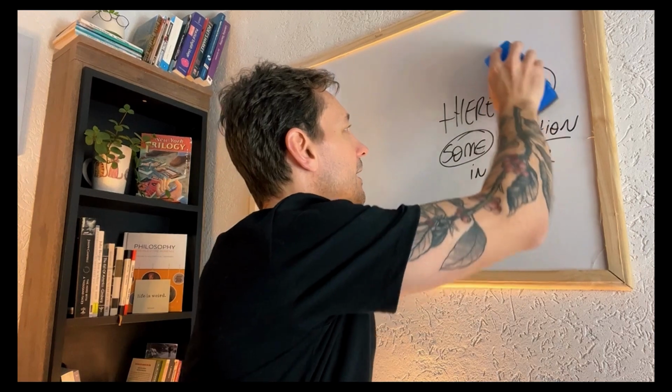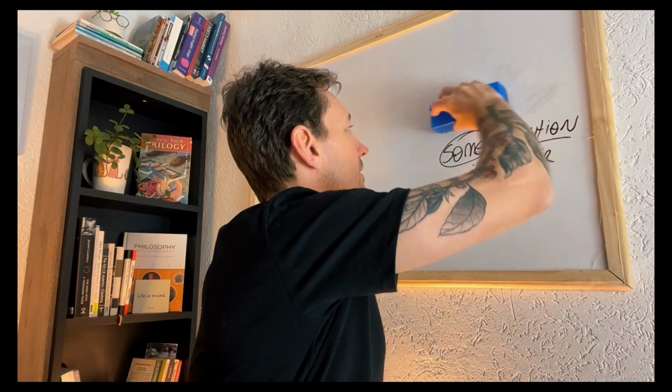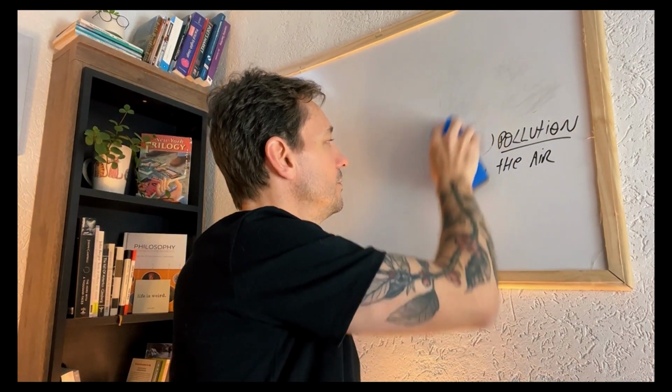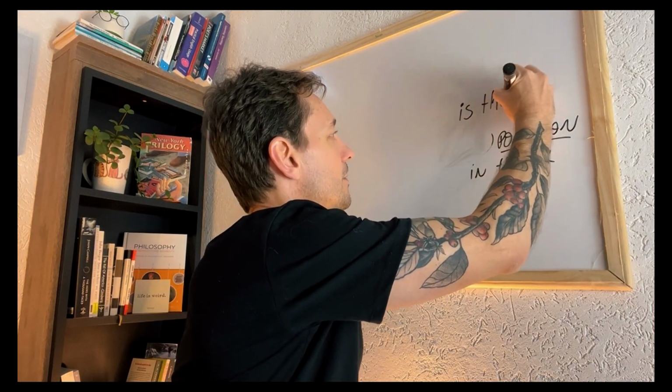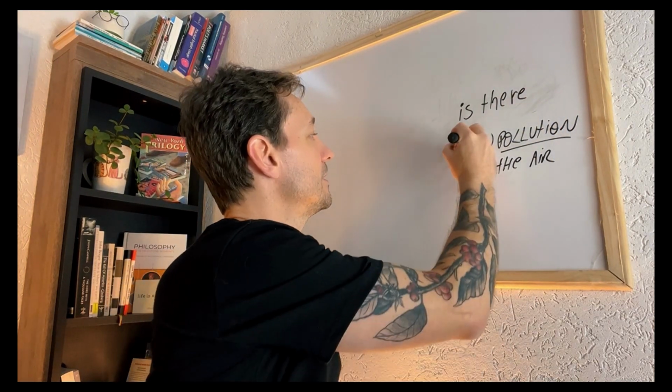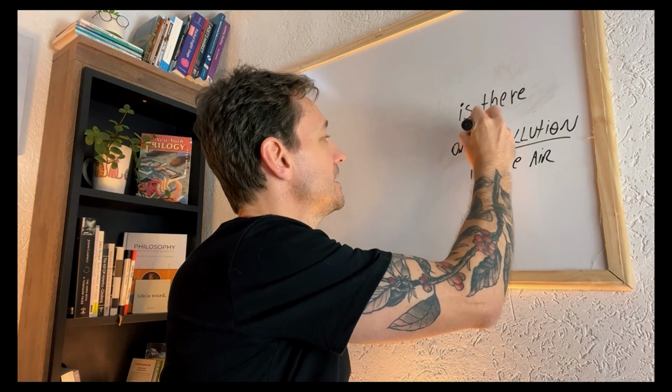Now, I have to change some to, don't I? Think about it. So let's invert. Now, boom, I have a question. It's the same sentence, but I'm going to have to say any. Is there any pollution in the air?